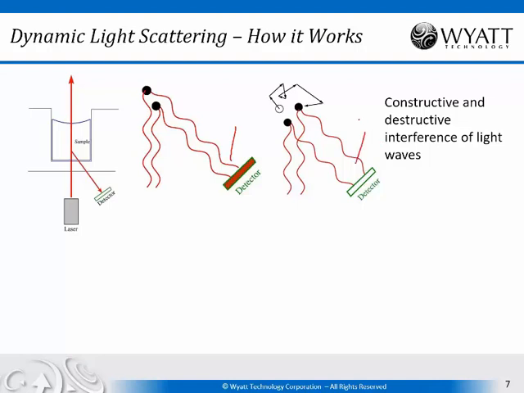And if they arrive in phase, then they interfere constructively, and you'll have a high signal on the detector. If they interfere out of phase, then that gives you a low signal on the detector, and you'll have a variation. So as the particles jitter around in solution, they'll go from constructive to destructive interference, and the detector will go from a high signal to a low signal.